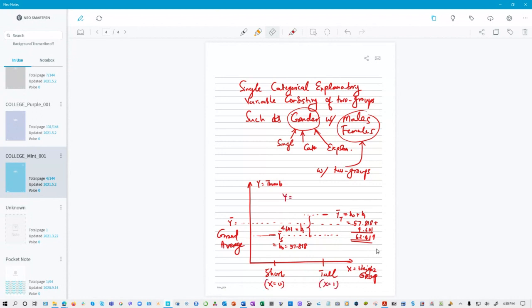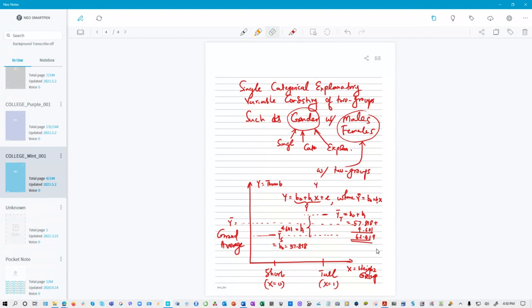The whole model is written this way: B naught plus B1 x plus error. And this part is called y hat, you know that. Where y hat, sorry, not y bar, y hat is B naught plus B1 x. You can write that another way.